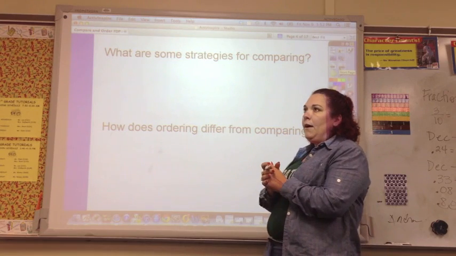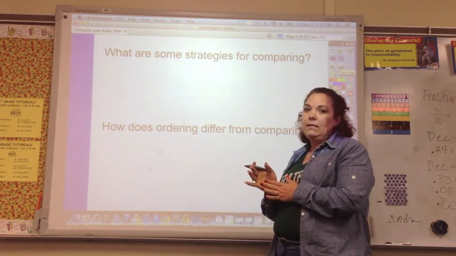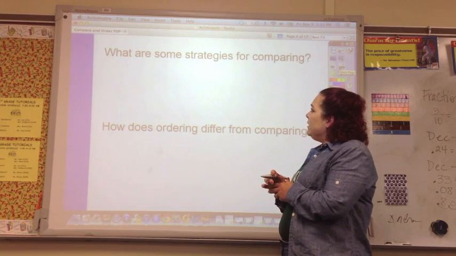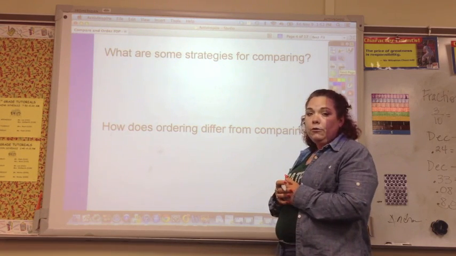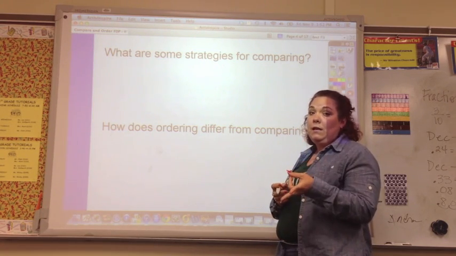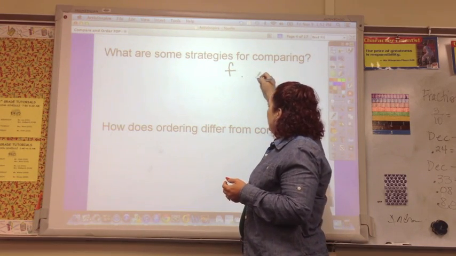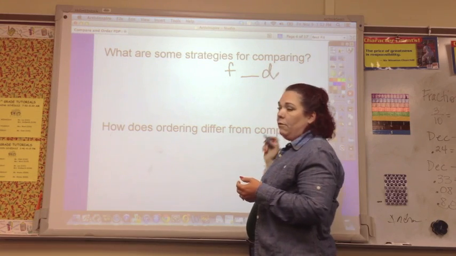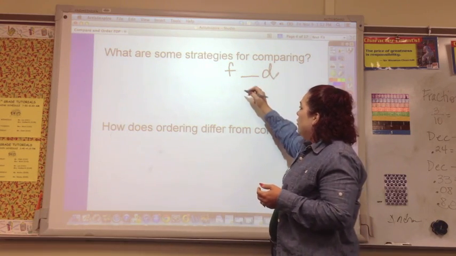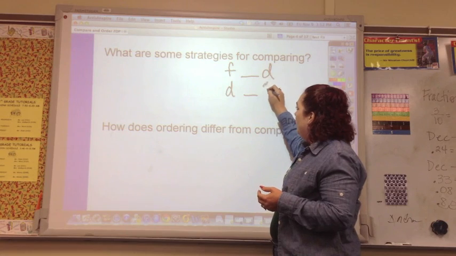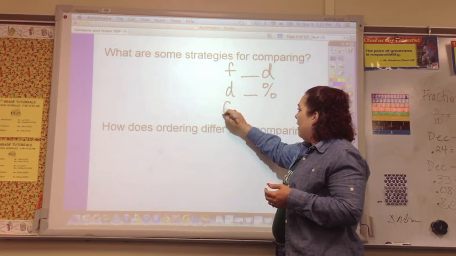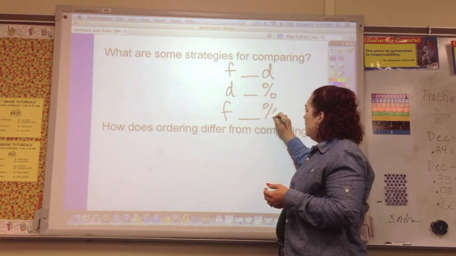So let's talk about comparing fractions, decimals, percents. When you're comparing, you're really looking at two things. You're comparing, say, a fraction to a decimal, and we've looked at that. You're comparing a decimal to a percent. You're comparing a fraction to a percent.